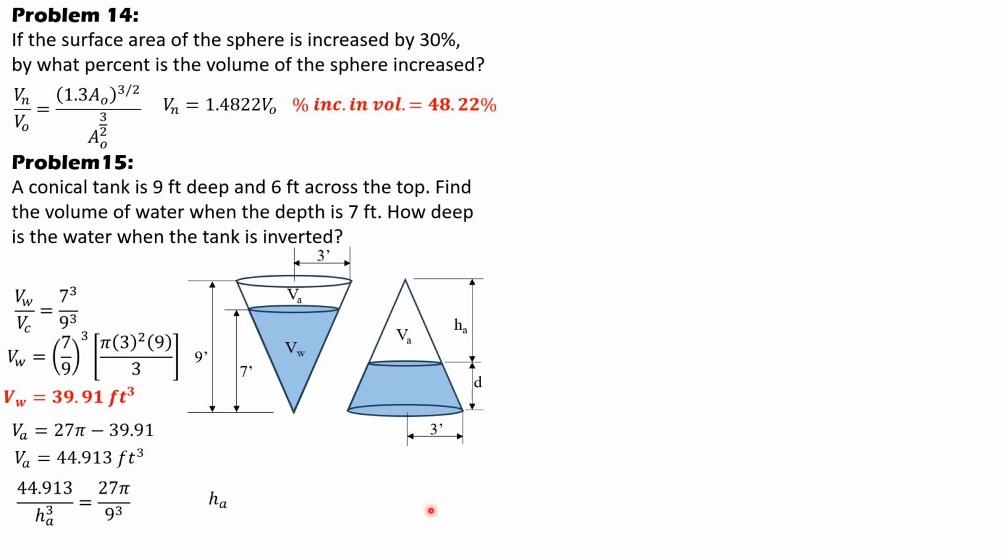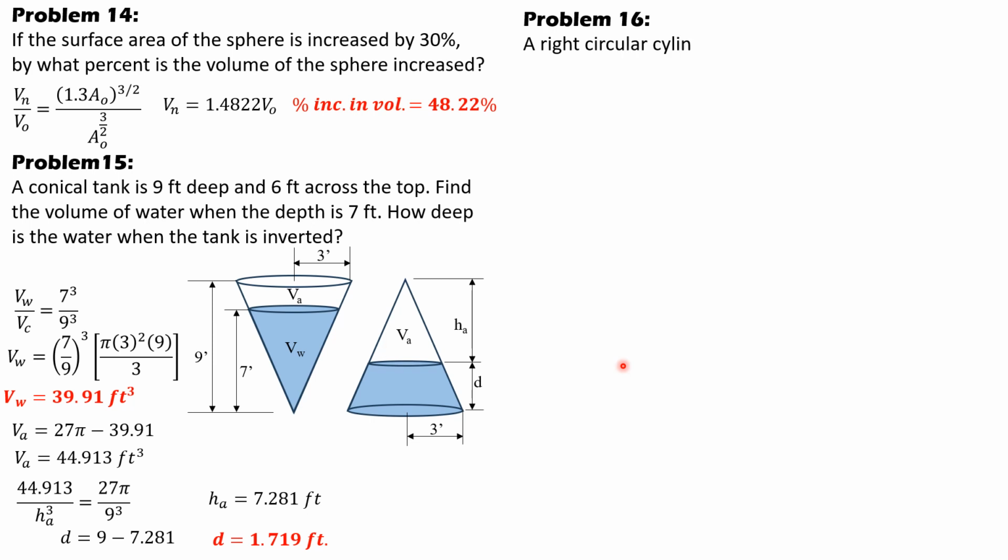So height of air is equal to 7.281 feet. Then the depth of water in the inverted position is equal to 9 feet minus 7.281, and that is equal to 1.719 feet.